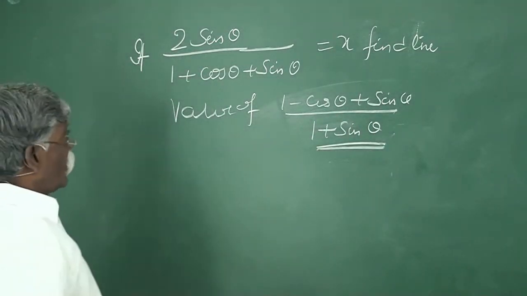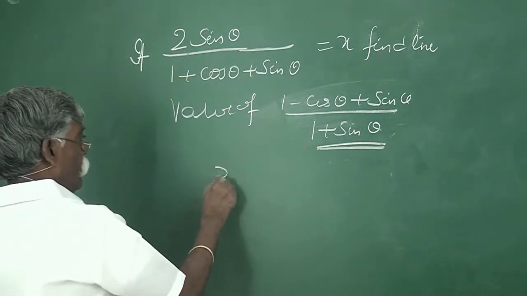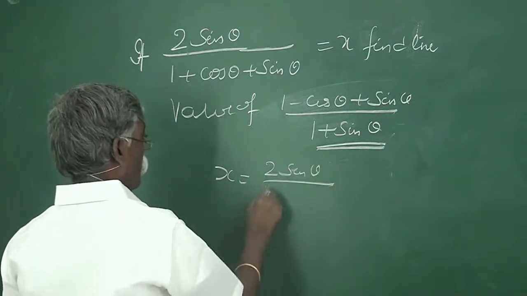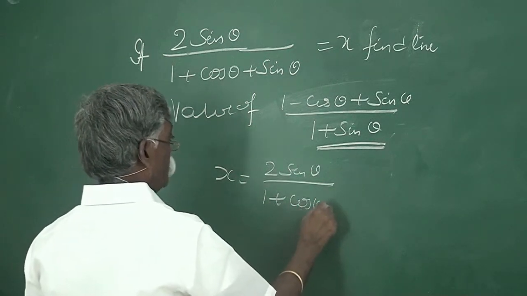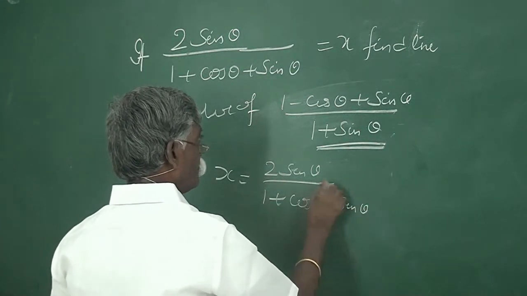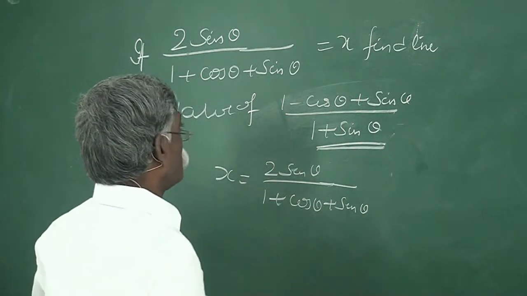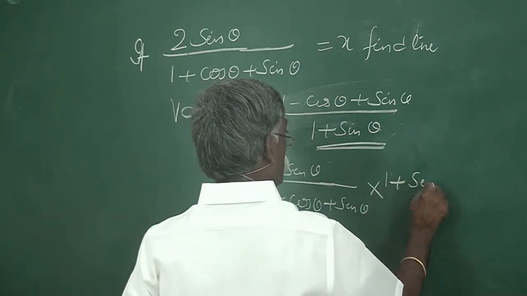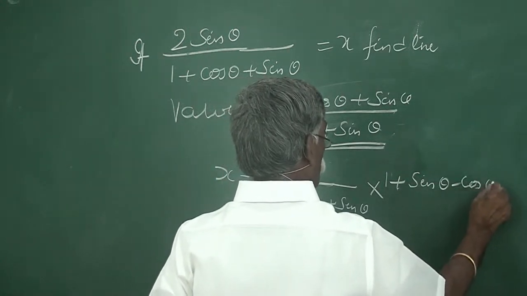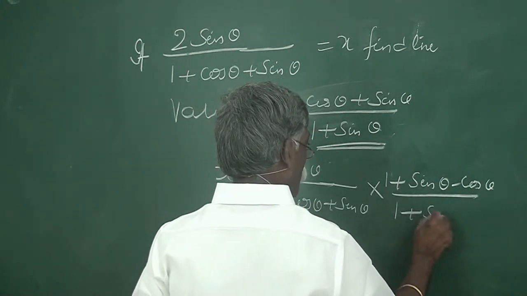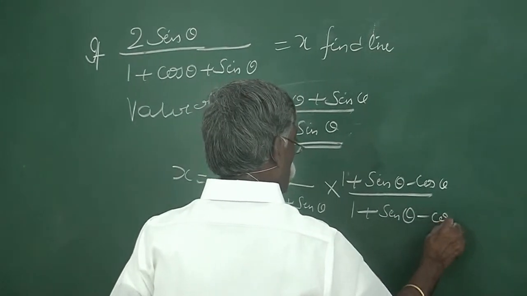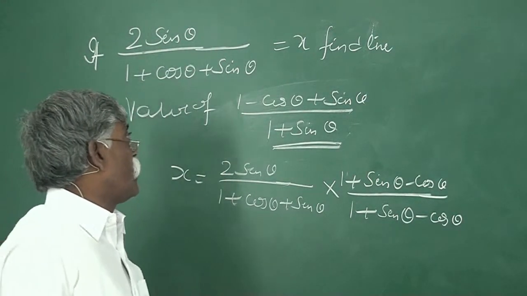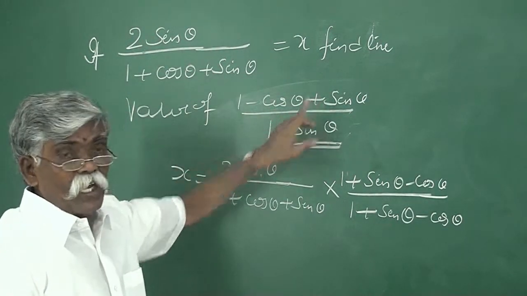Now let us take x equal to 2 sin theta by 1 plus cos theta plus sin theta, and let us multiply this by 1 plus sin theta minus cos theta by 1 plus sin theta minus cos theta, both in the numerator and denominator, because we are asked to calculate 1 minus cos plus sin.